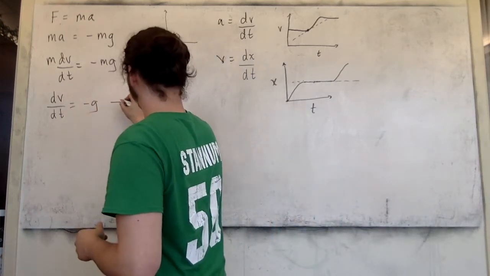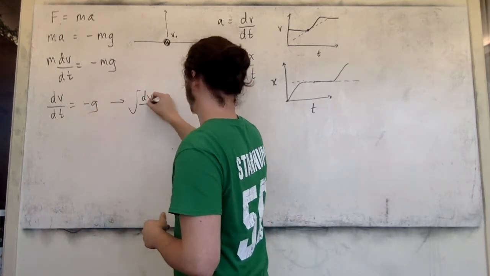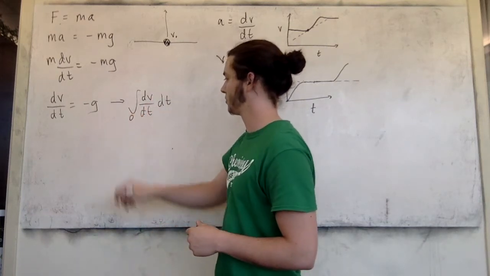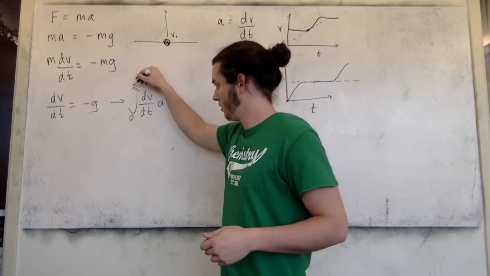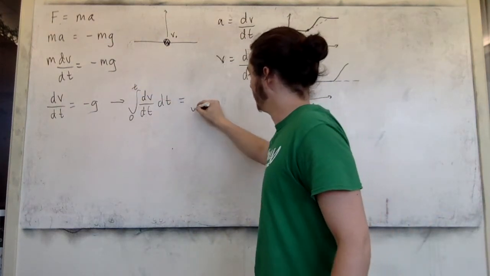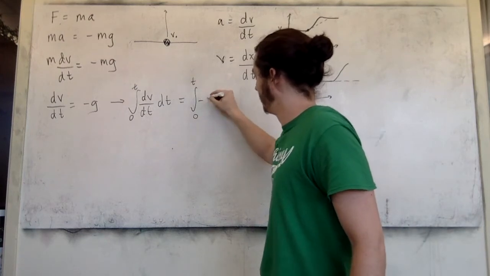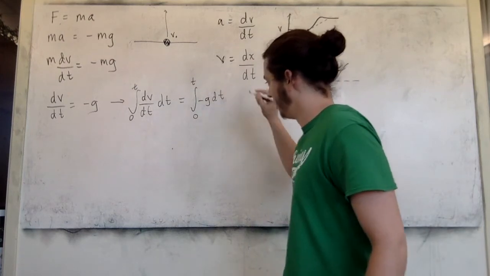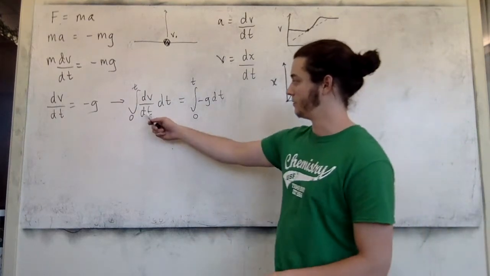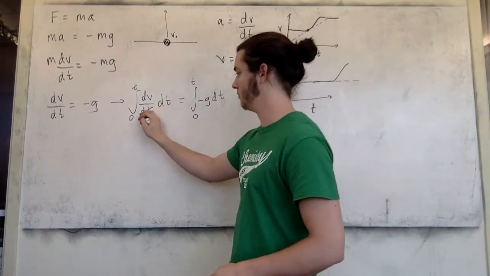So let's take the integral of dv/dt with respect to time from initial time 0 to some whatever time t. That's going to be equal to the integral from 0 to t of minus g with respect to t. Here we have dv/dt, which would cancel.